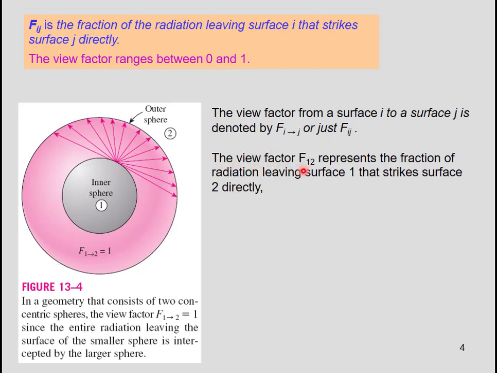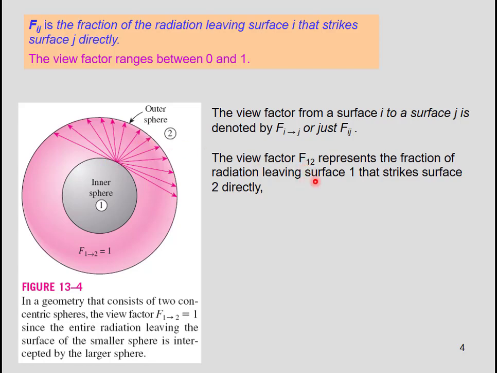The view factor F1,2 represents the fraction of radiation leaving surface 1 that strikes surface 2 directly. As you can see here, we have radiation leaving this surface striking surface 2. So we call this fraction of the radiation the view factor of surface 1 to surface 2, or simply F12.